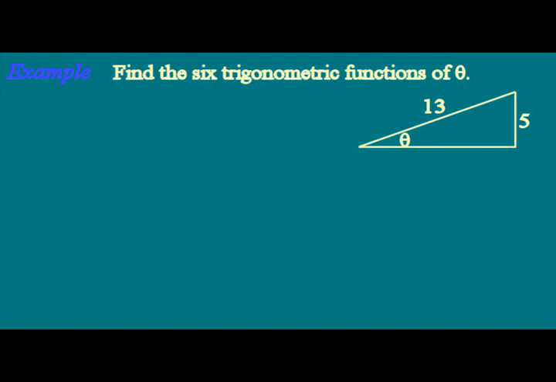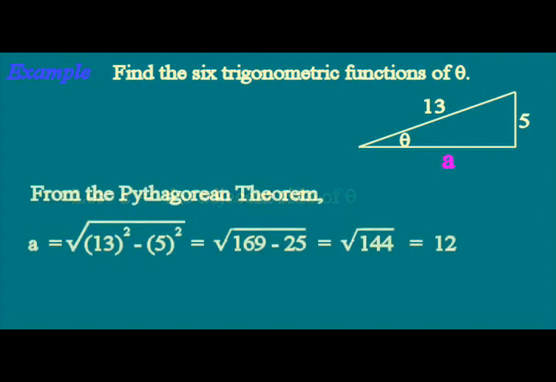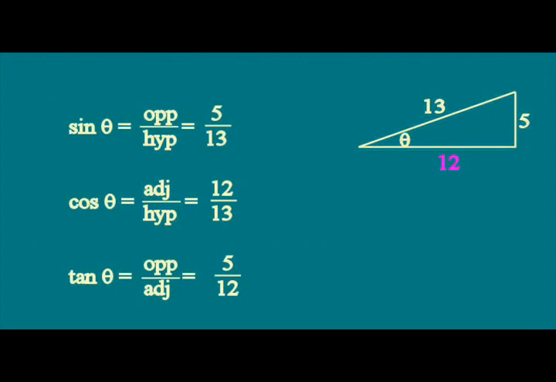Let's call it A. We get A is equal to the square root of 13 squared minus 5 squared. That's square root of 169 minus 25, which becomes square root of 144, and that's 12.